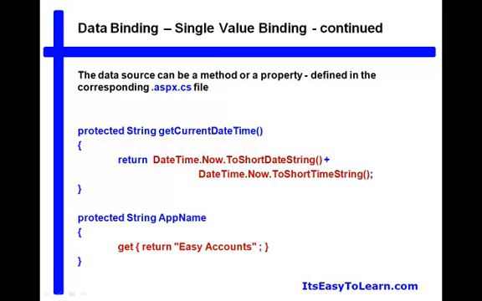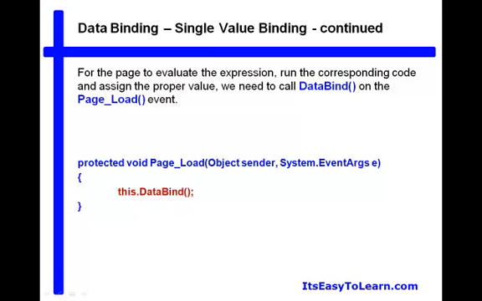So this is how we specify single value binding in controls using the delimiters <%# and %> in the ASPX markup page. For the page to evaluate the expression, run the corresponding code and assign the proper value, we need to call DataBind on the Page_Load. So don't forget to call this.DataBind on the Page_Load event if you are going to have single value bindings.